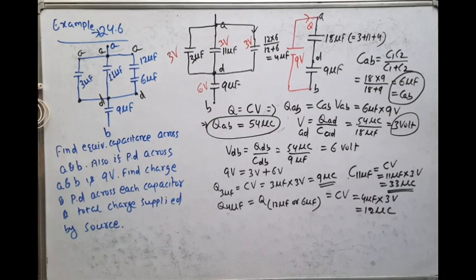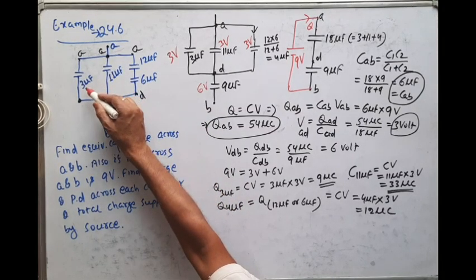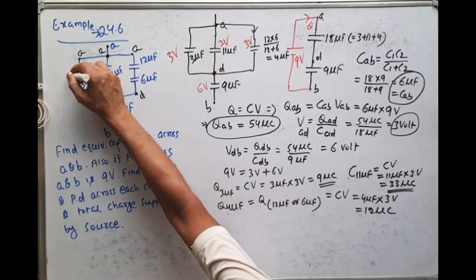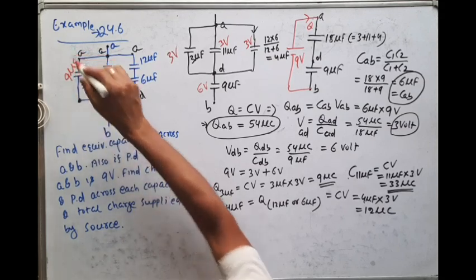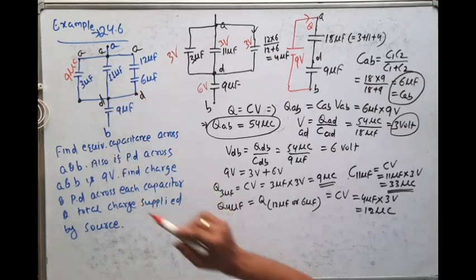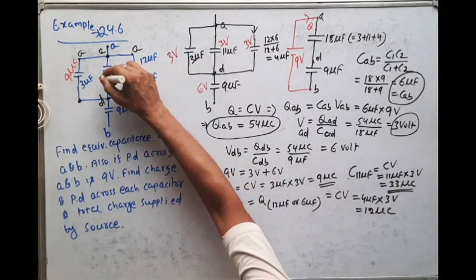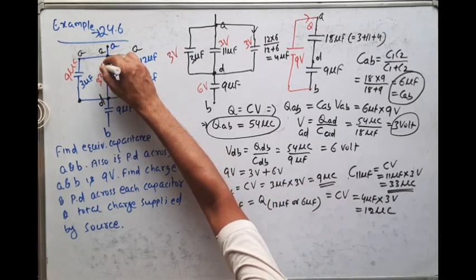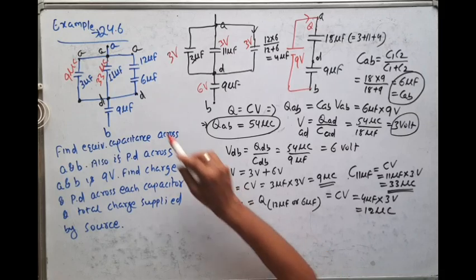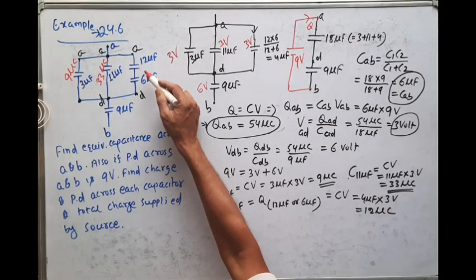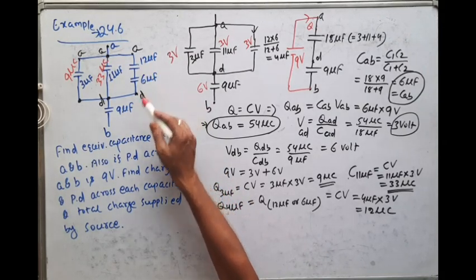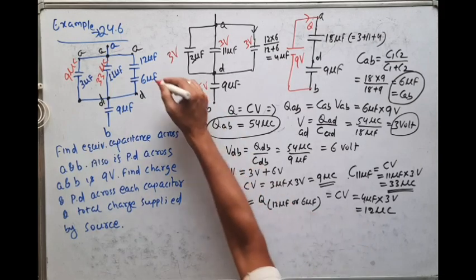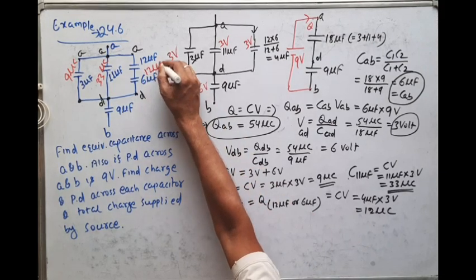So I am writing here, the charge across 3 microfarad we got, it is 9 microcoulomb. Charge across 11 microfarad is equal to 33 microcoulomb. And charge across 12 and 6 is equal to 12 microcoulomb.